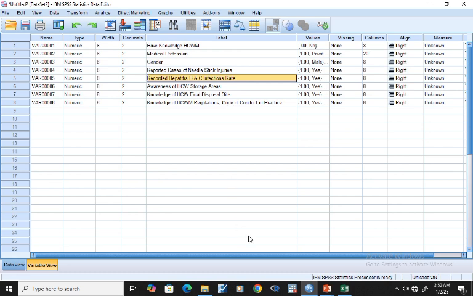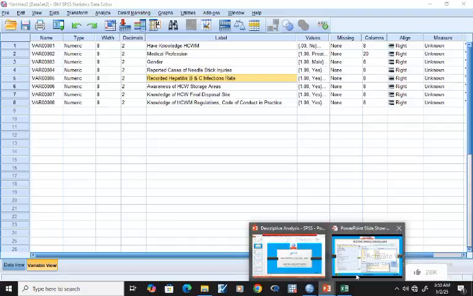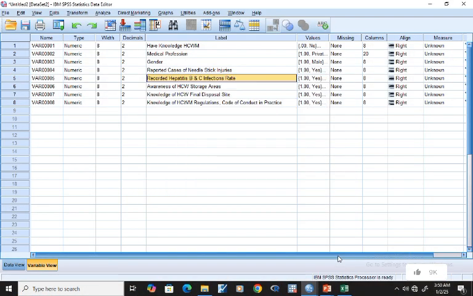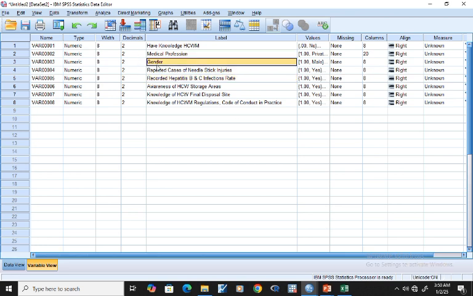And the first thing to run is to have a little understanding of what is happening among the variables we have there. So we can perform what we call frequency and percentages of the variables at hand.